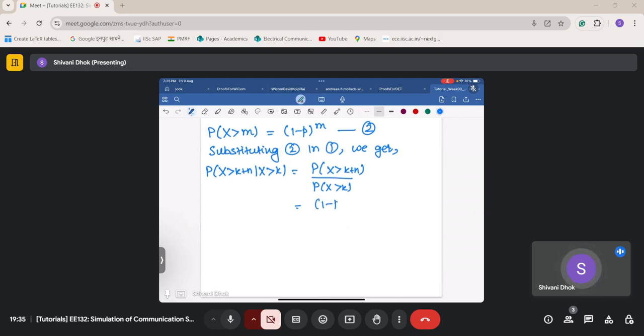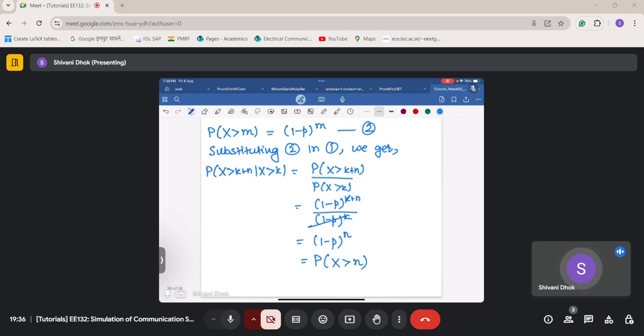This will be 1 minus, so the numerator will be here my m is equal to k plus n, upon 1 minus probability of k. Okay. So now what we obtain here is this gets cancelled and we have 1 minus p to the power n. And if we compare it with equation 2, this is nothing but probability that x is greater than n.